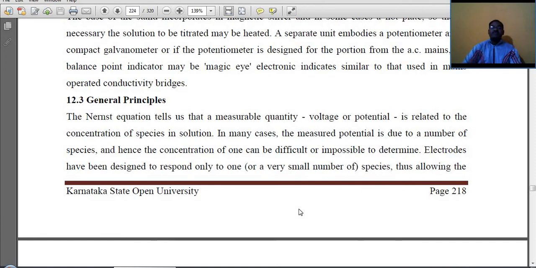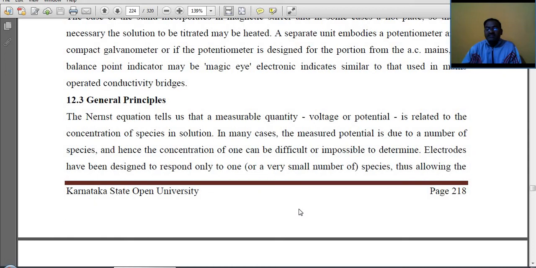What are the general principles behind potentiometric titration? The Nernst equation tells us that a measurable quantity, the voltage or potential, is related to the concentrations of species in solution.